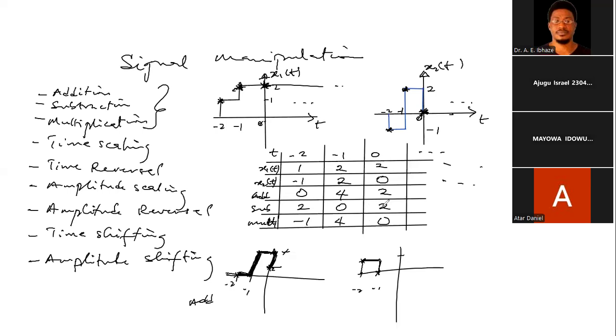Then at 0, it is 2, so it's going to come back to 2, right? So it's going to trace this way to 2. So this is what we get. Exactly.